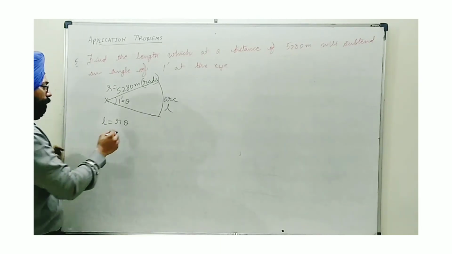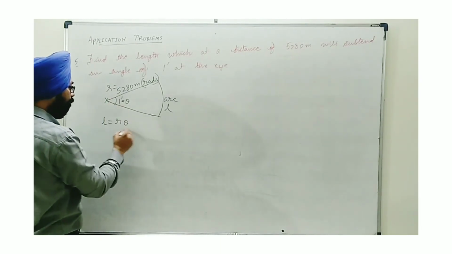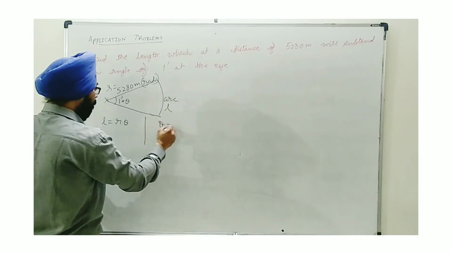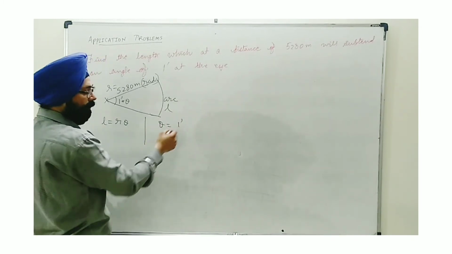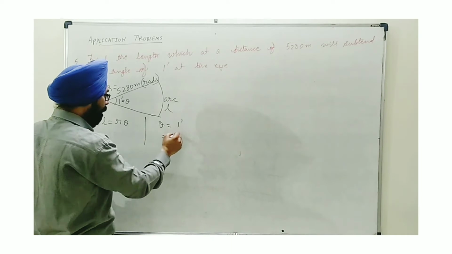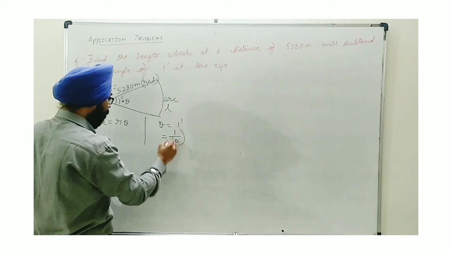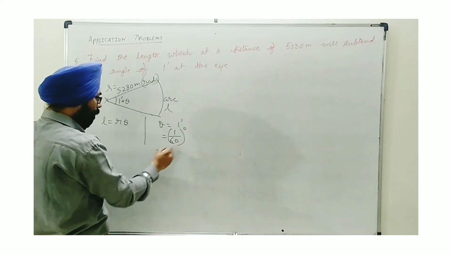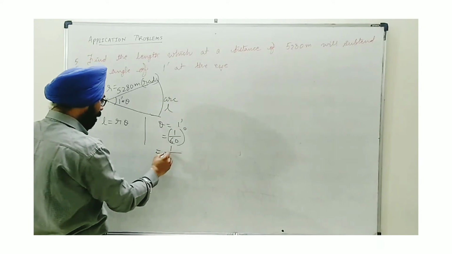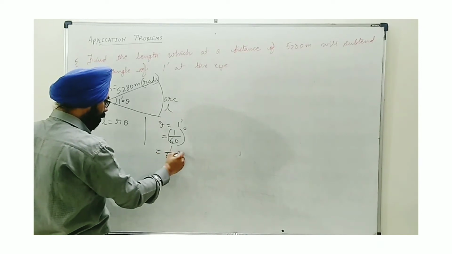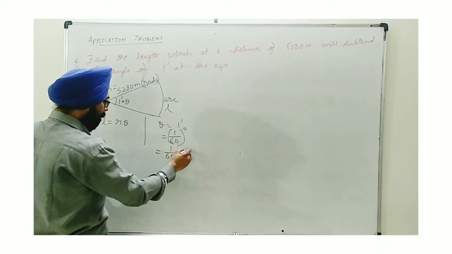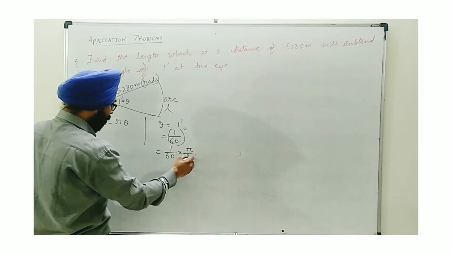So what we are going to do, this theta is given as 1 minute. We will first convert this into radian. 1 minute can be written as 1 upon 60 degree. Further in radian it will be written as 1 upon 60 into pi by 180.